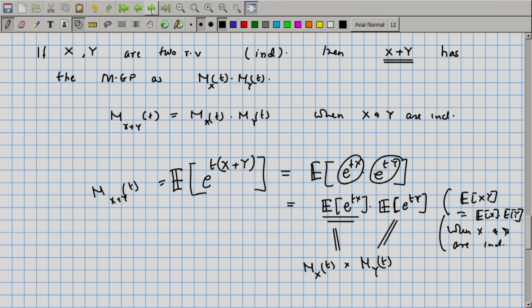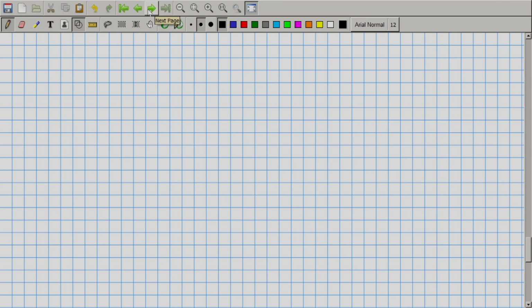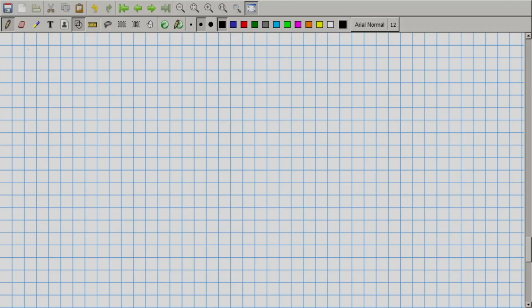Now, let us look at the moment generating functions of indicator random variables, some particular examples. So, let us say X is a random variable which takes value 1 with probability, say, alpha, and 0 with probability 1 minus alpha. What will be the moment generating function of X? So, we want to calculate the expectation of e raised to tX. This is the moment generating function of X. Okay.